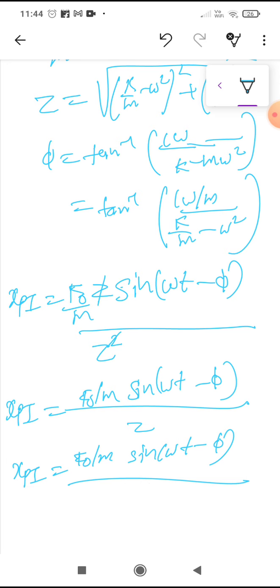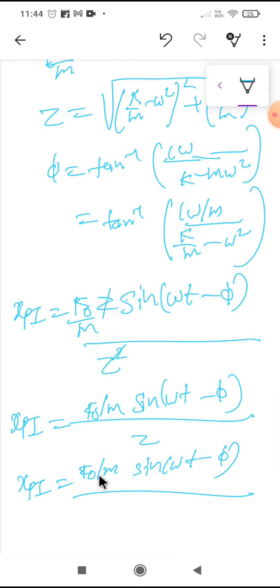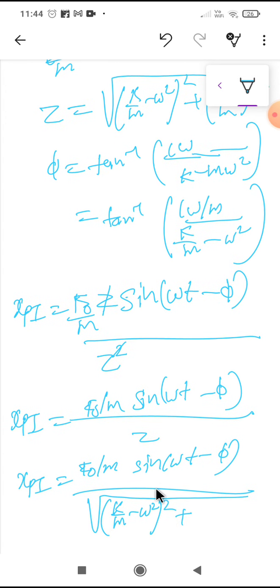It is the root of (k by m minus omega square) whole square plus (c omega by m) whole square.